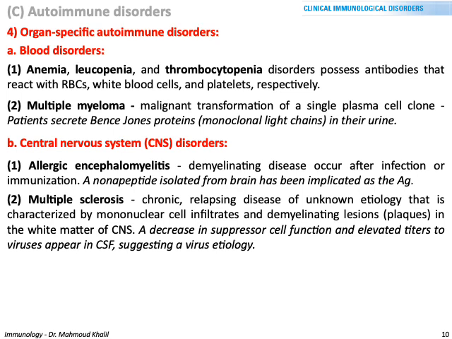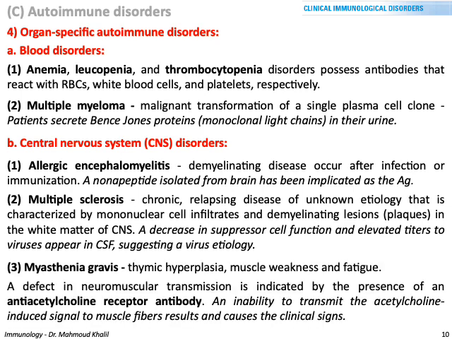Multiple sclerosis is a chronically relapsing disease of unknown etiology that is characterized by mononuclear cell infiltrates and demyelinating lesions in the white matter of the central nervous system. A decrease in suppressor cell function and elevated titers of viruses appear in the CSF, suggesting a virus etiology.